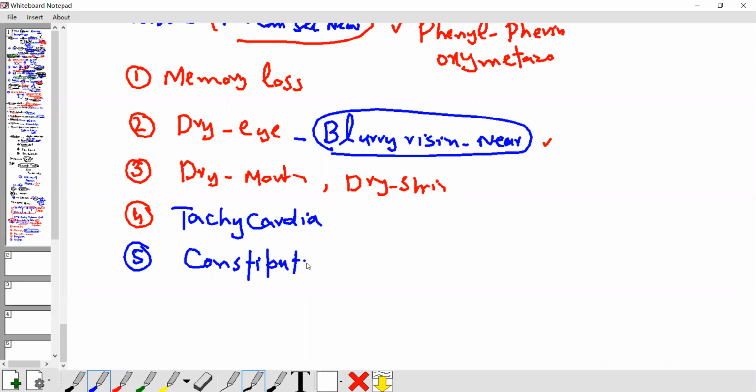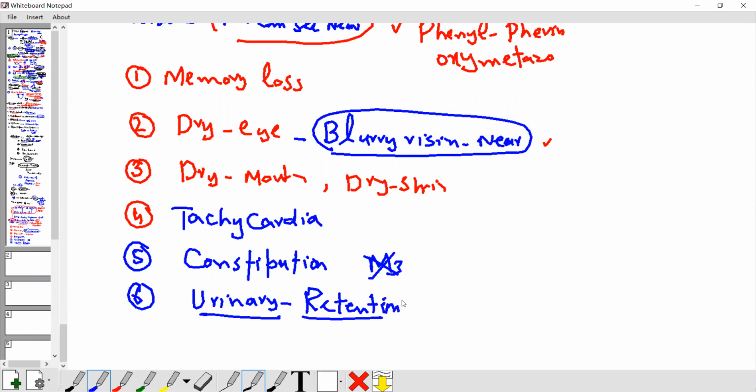Constipation, because you stop what? M3, yeah? Constipation. What happens with the bladder? Urinary retention. Not able to pee. Yeah? Urinary retention because you block bladder contraction. So these are the side effects of antimuscarinics.